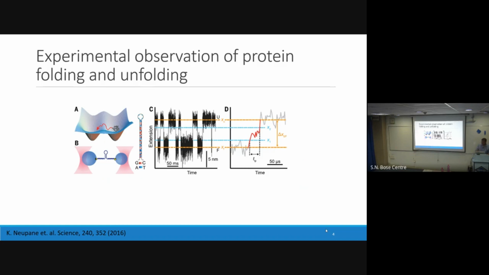So then there is a zoomed-in picture of this trajectory from C to D, where it is shown that initially the trajectory goes back and forth near the initial position, then it moves to the other state, and in between there is a region x1 to x2 chosen such that the trajectory will not come back to the initial point.